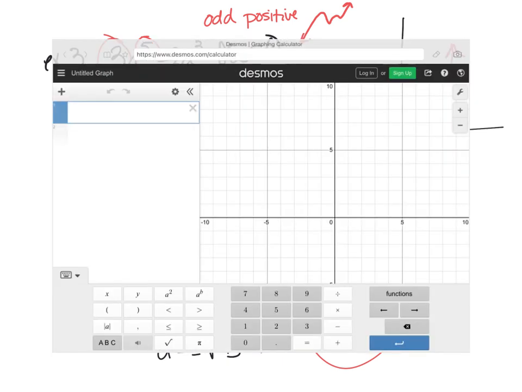Okay, so we can type this into Desmos here, and let's see what happens. 3x to the 5th. Oops, that didn't work. To the 5th. What's my problem? Minus 2x cubed, minus 8x.